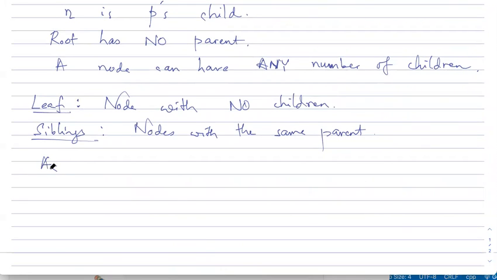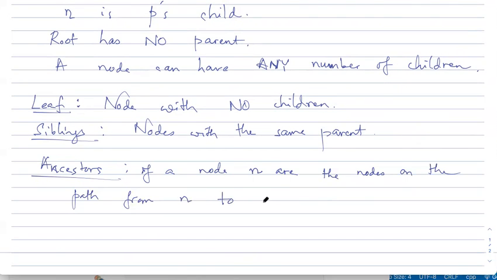Then ancestors. The ancestors of a node n are the nodes on the path from n to the root, including n itself and the root.